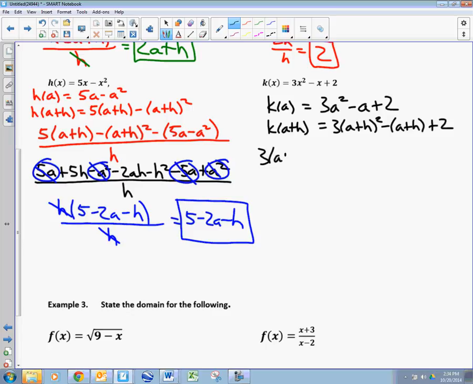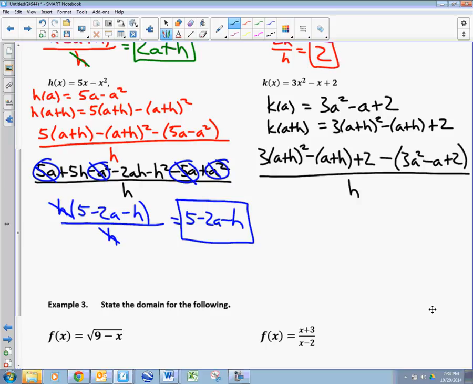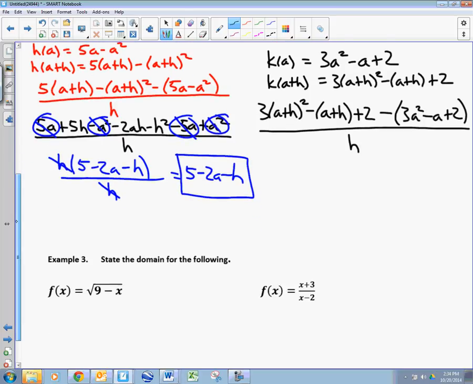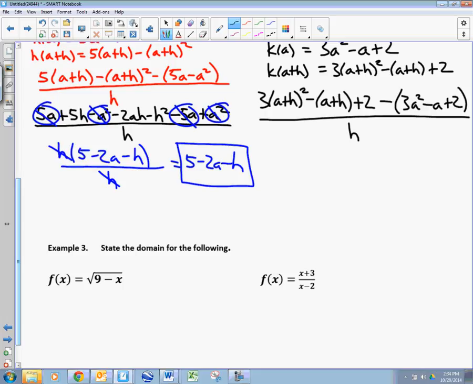So 3 times a plus h squared minus a plus h plus 2 minus parentheses 3a squared minus a plus 2, all over h.